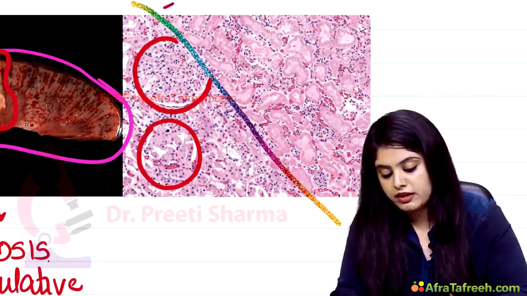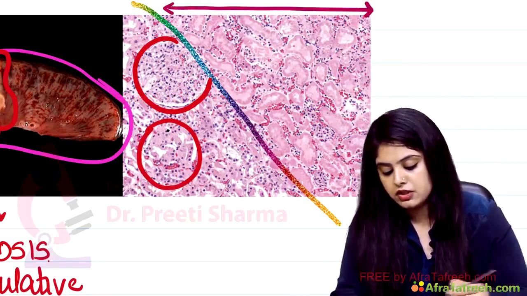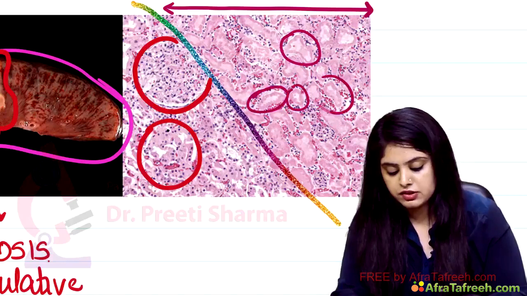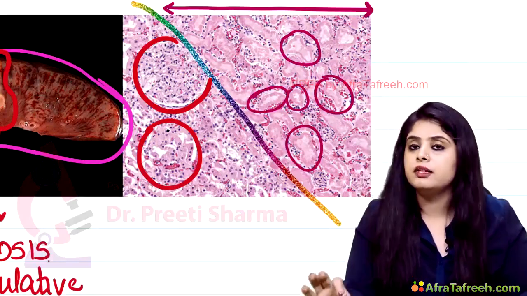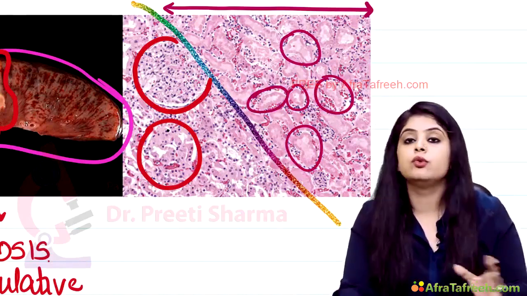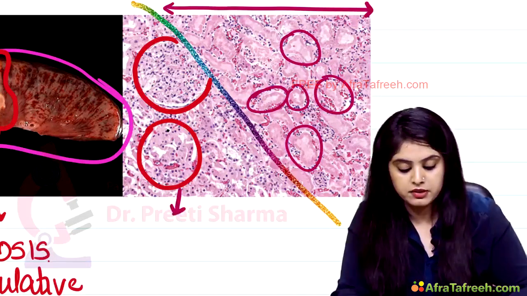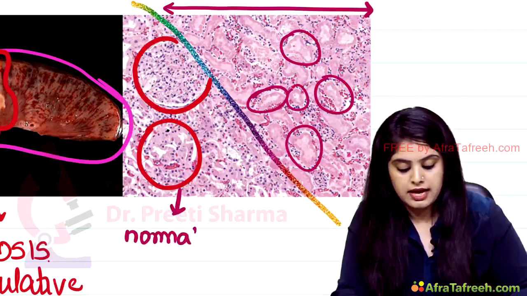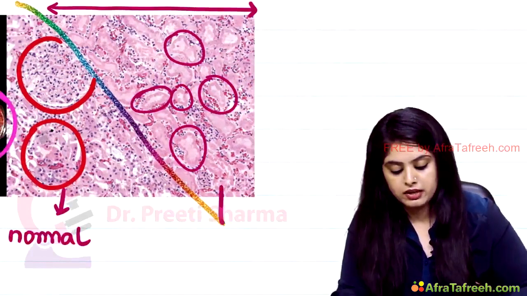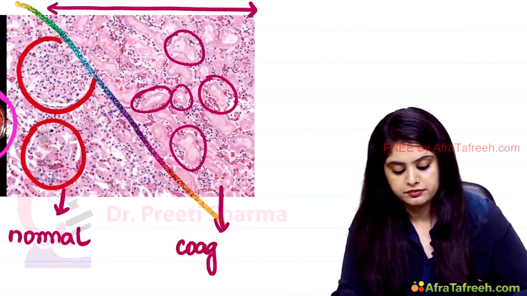On the other hand, when I focus on this side of the image, I just see some ghost-like structures. There are some round structures present, but do you see any blue dots or nuclei inside them? No. So these are those ghost-appearing cells. So this becomes the normal area, and this becomes the area showing coagulative necrosis.